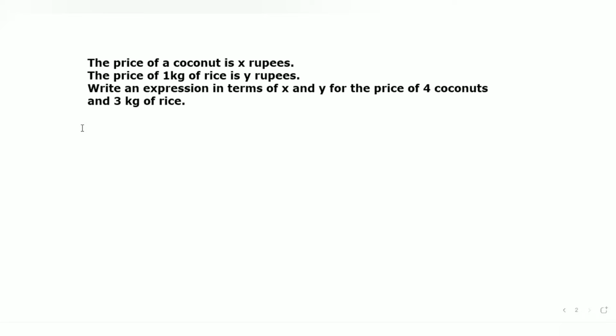Let's see how to solve this. First of all, we'll go by writing statements. The price of a coconut is X rupees, right?